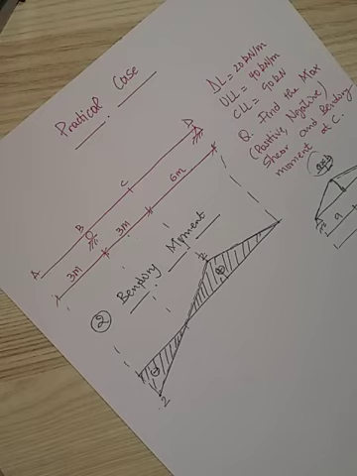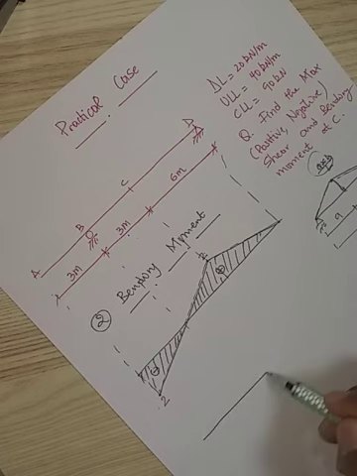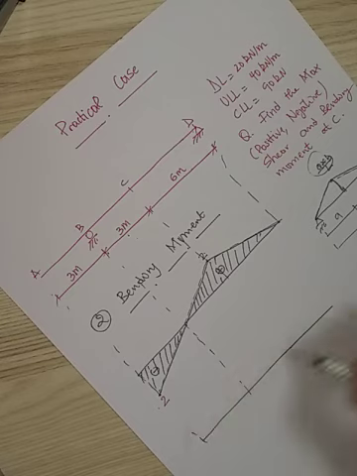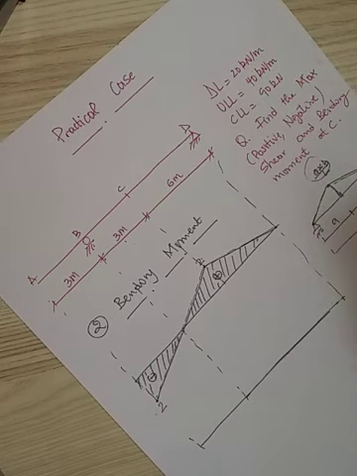After finding the influence line for the bending moment, we now have to find the configuration for the applied load. So here is our beam. We have this portion, and we have the big portion. We have two different types of load: a dead load and a live load.